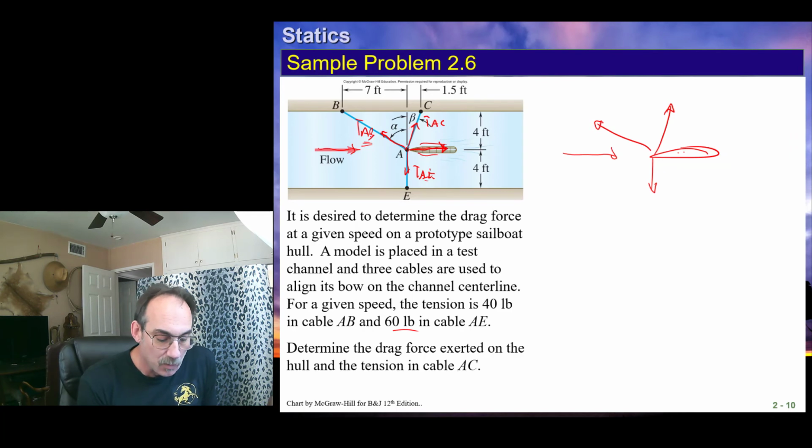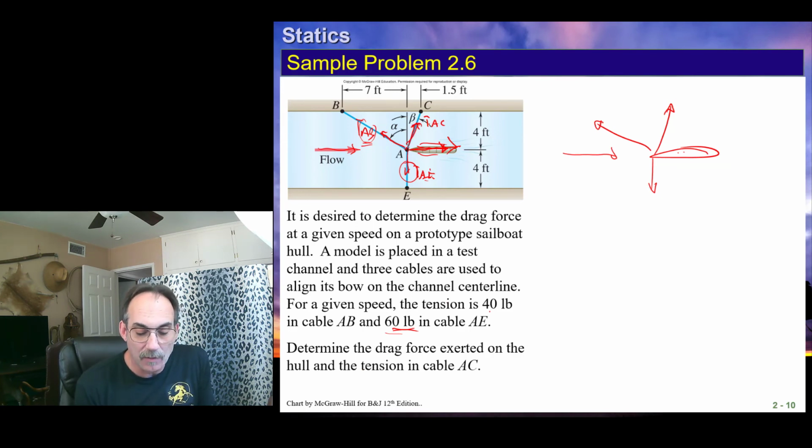In this case, we have 2 knowns and 2 unknowns. We have 40 pounds in AB and 60 in AE. We want the drag force and the tension in cable AC.